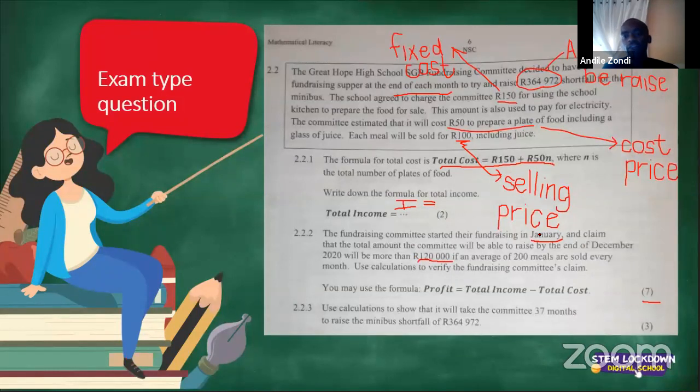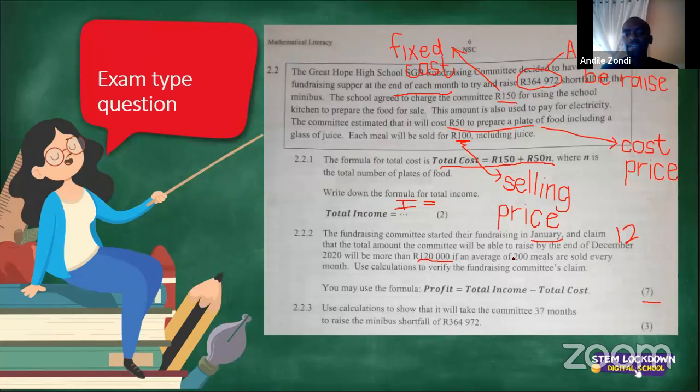Now, from January to December, learners, how many months are there? Obviously, January to December, we all know this is 12 months. So you need to write it down because we're using it as well. Now let us read further.